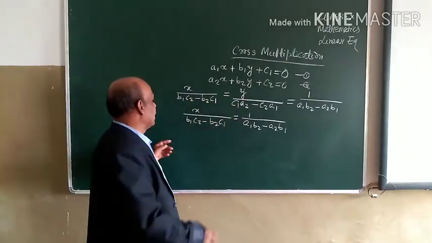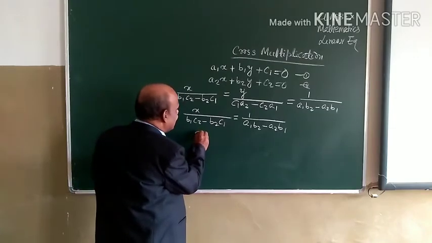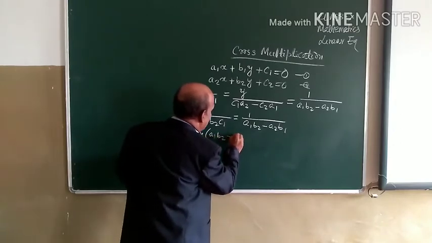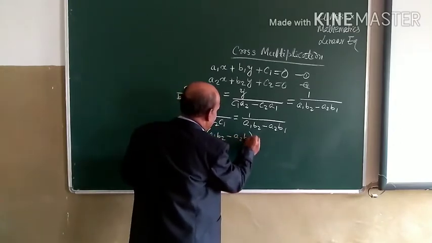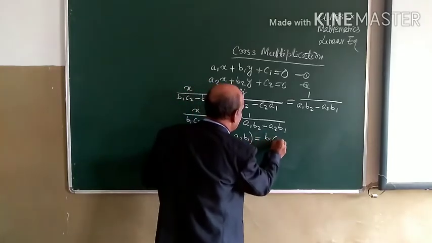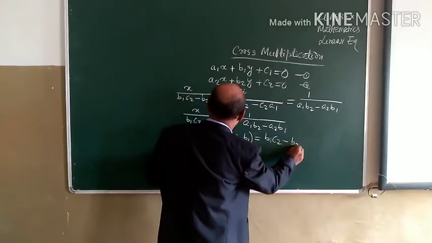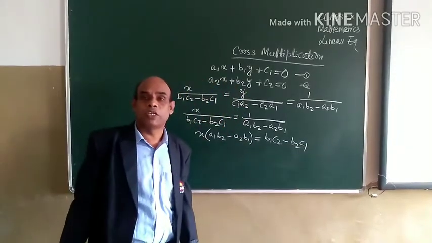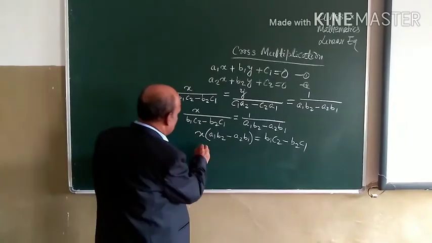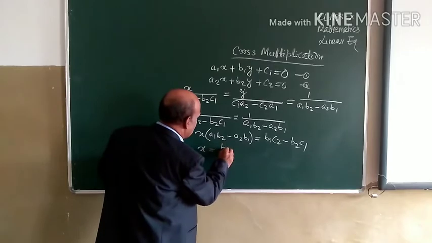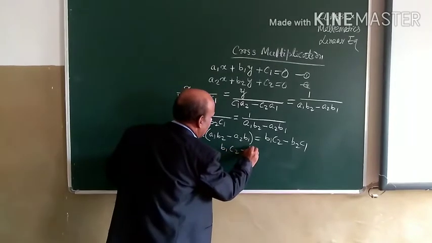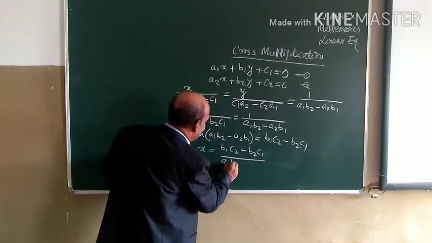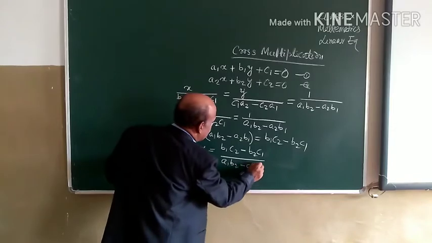So we can say x into a1b2 minus a2b1 is equal to b1c2 minus b2c1, by cross multiplication. So the x value is equal to b1c2 minus b2c1 divided by a1b2 minus a2b1.